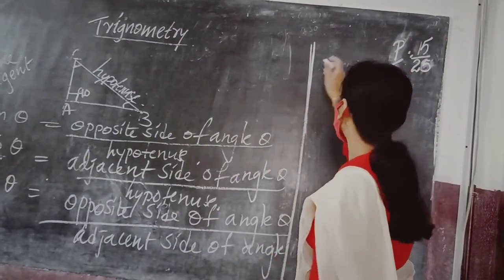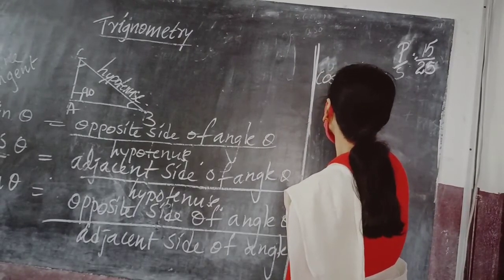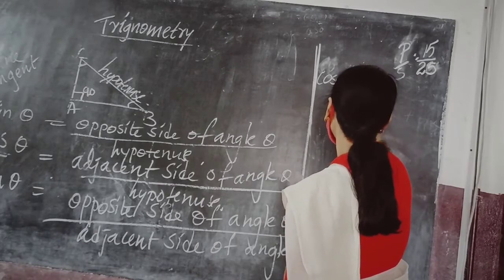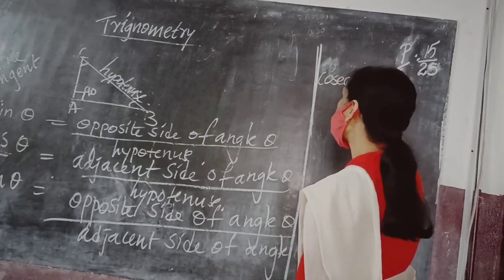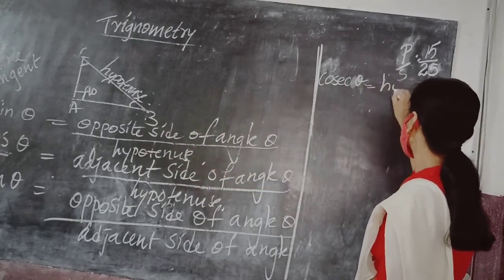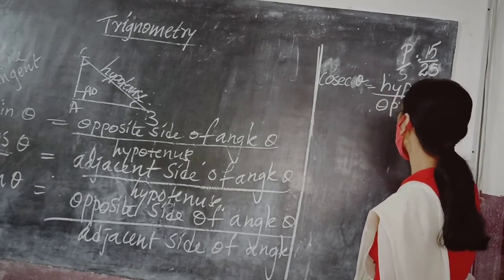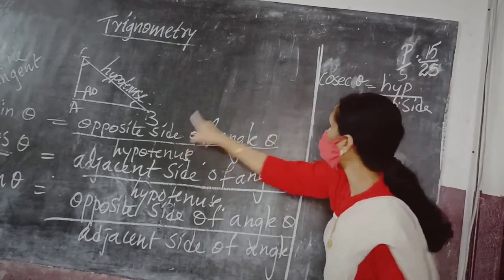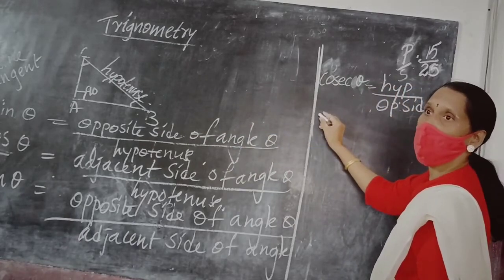What is cosec theta? Actually cosecant theta, we simply write cosec theta. It's equal to hypotenuse by opposite side. It's a reciprocal. Next, cos theta reciprocal.